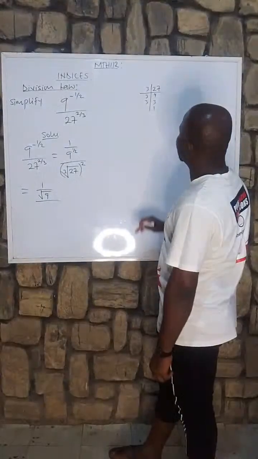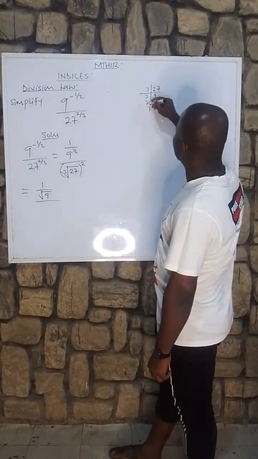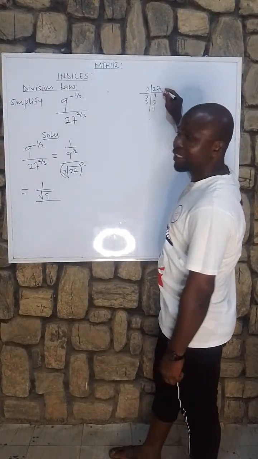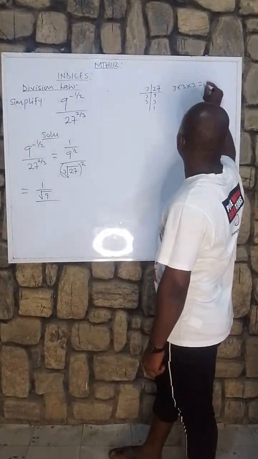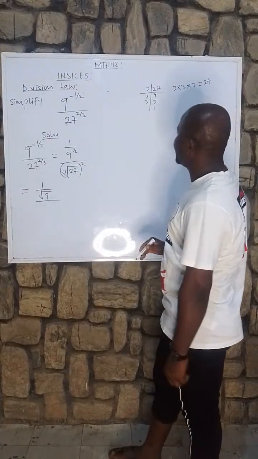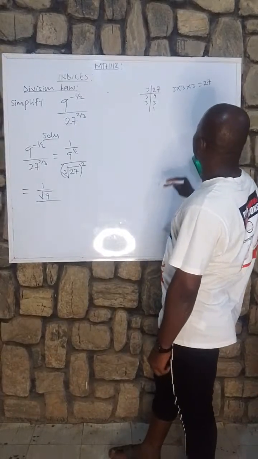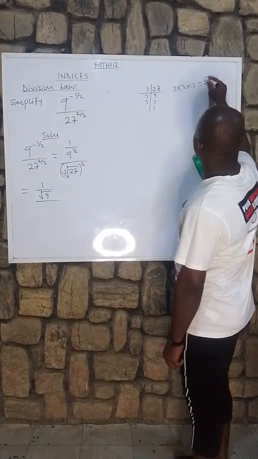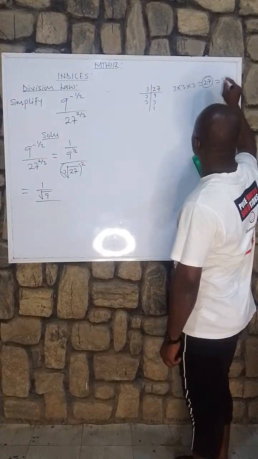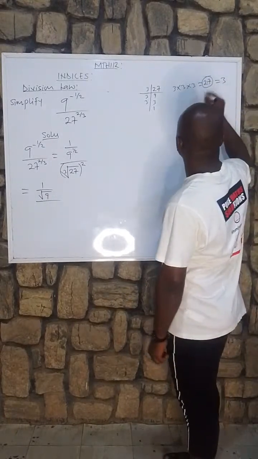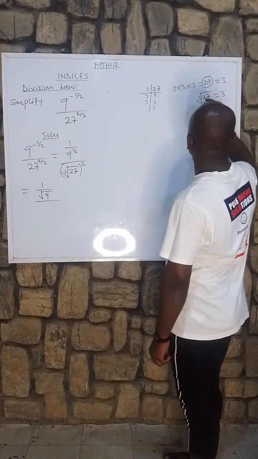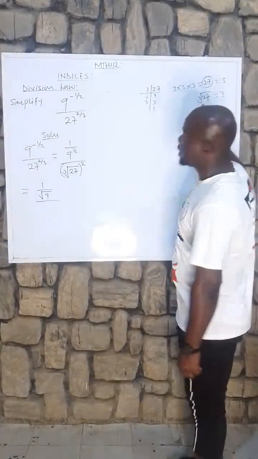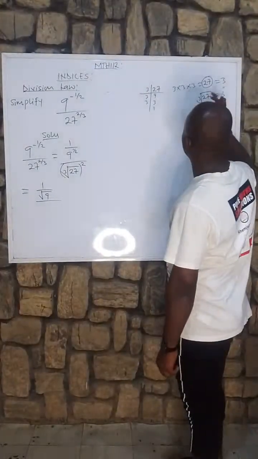So you can now see that 3 in 3 places will give us what? 27. That is 3 times 3 times 3 equals 27. Amen. So it means the cube root of 27 equals 3. That is, it implies that 3 into 3 places will give you 27.